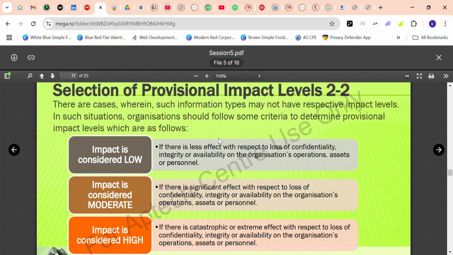So here, the impact is considered moderate if there is significant effect with respect to loss of confidentiality, integrity, or availability of the organization's operation, assets, or personnel. If your bank account information is breached, someone has it, what do you think will happen?